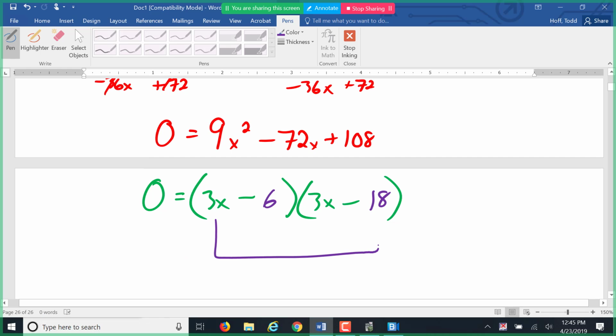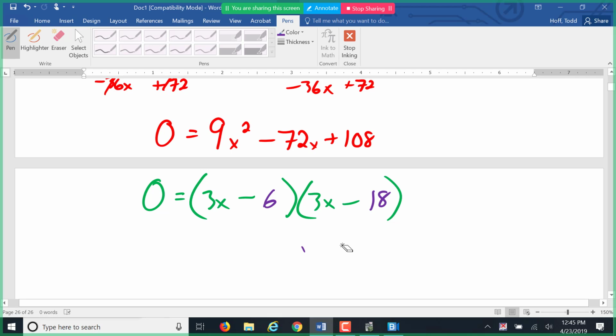So on the outside, 3x times negative 18 is negative 54x. On the inside, negative 6 times 3x is a negative 18x, and that does add up to negative 72x. So that's the combination we want.